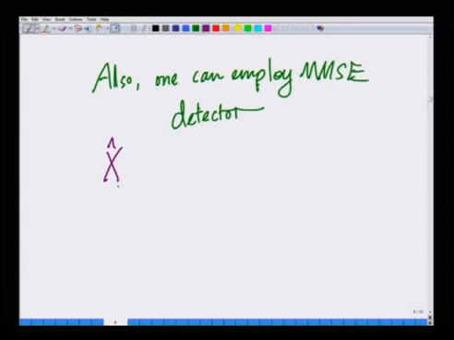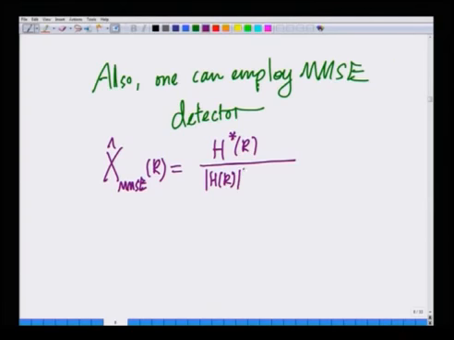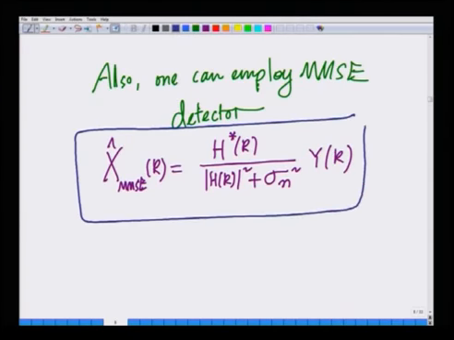We already know x hat k MMSE is nothing but h conjugate k divided by magnitude hk square plus sigma n square, multiplied by yk. This we have already seen is the MMSE receiver and it's optimal.